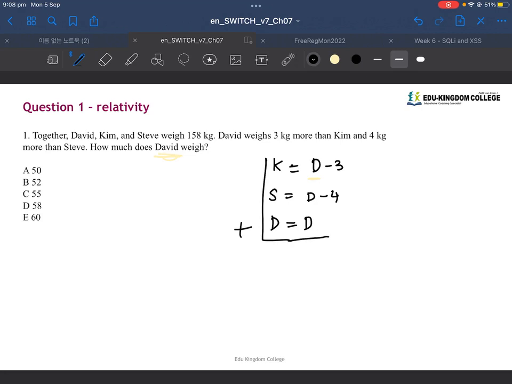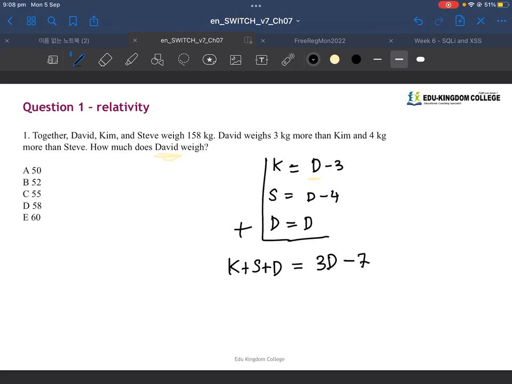On the left side, I have K plus S plus D, which is equal to D minus 3 plus D minus 4 plus D, which, if you work it out, is 3D minus 7.